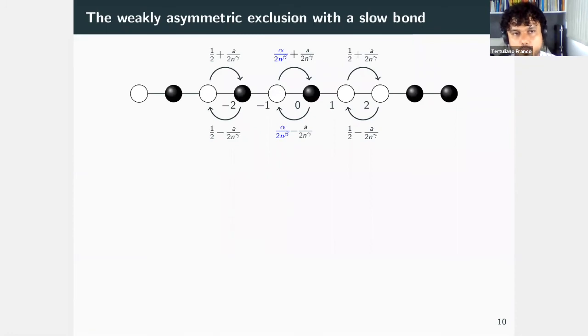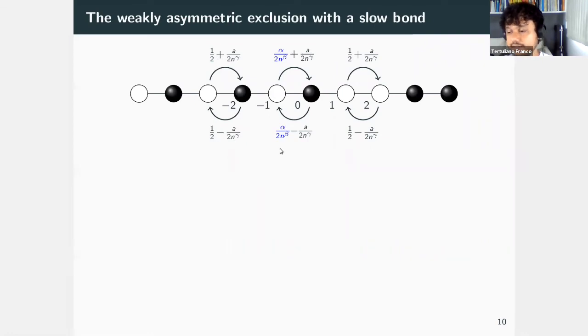Let's speak about the weakly asymmetric exclusion process with a slow bond. Here we have a drift everywhere. It's given by A divided by 2 times n to the gamma, plus to the right and minus to the left.